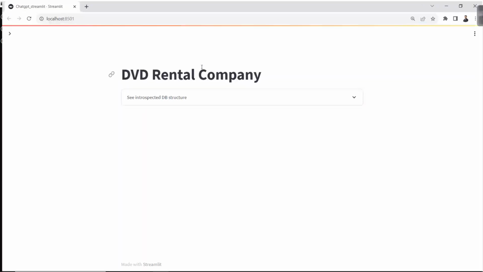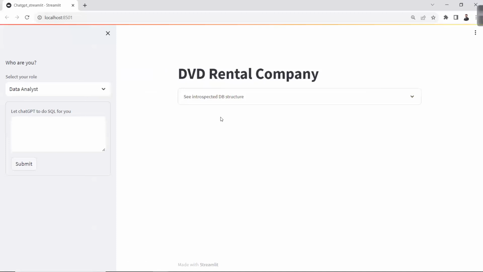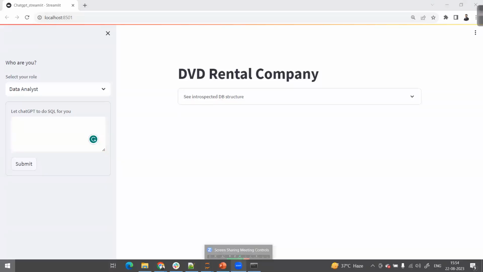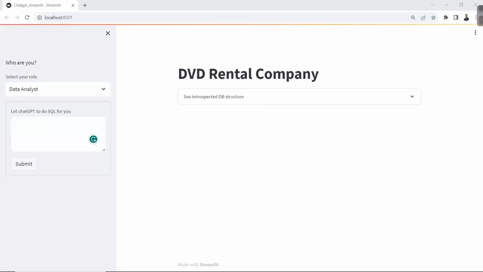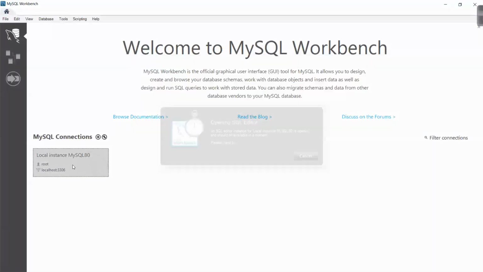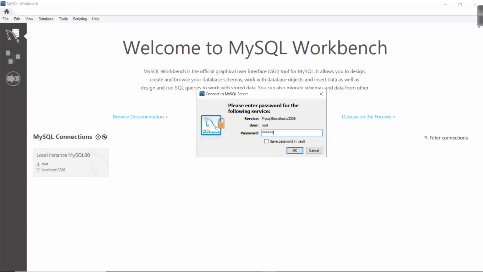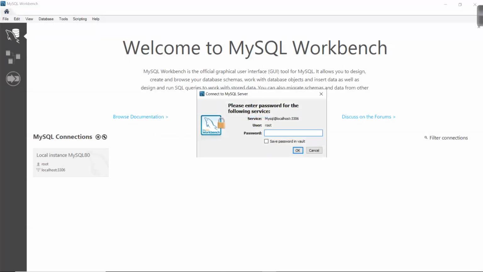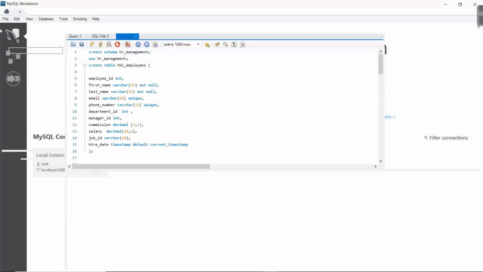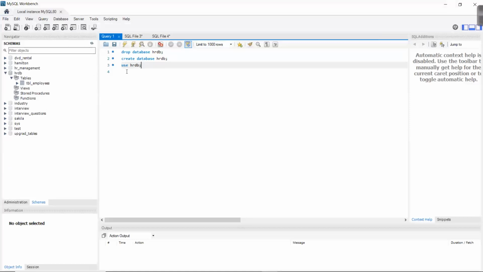Here is the application coming in. Now I'm connecting to the MySQL database, and let me just check whether the data is there or not. Just give me a sec. DVD rental.